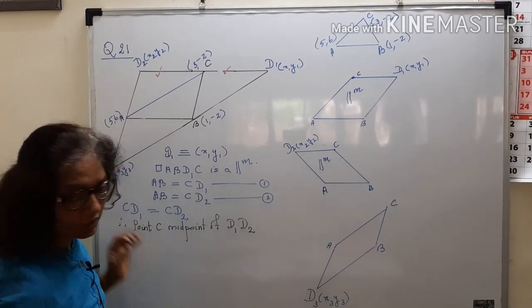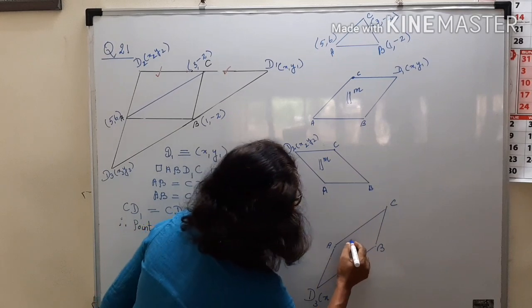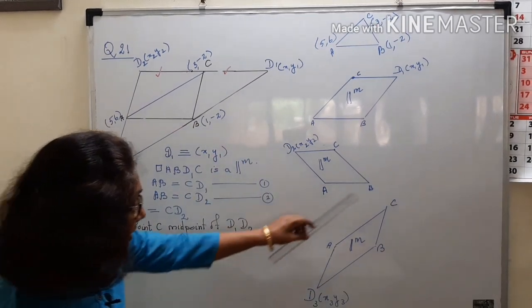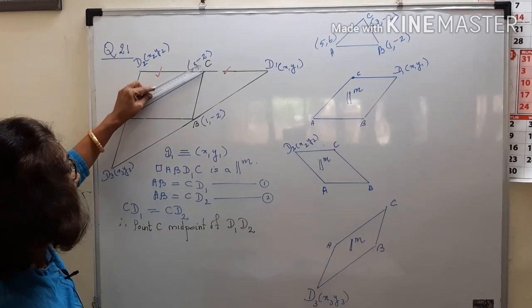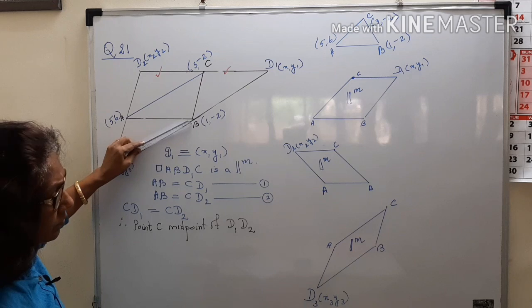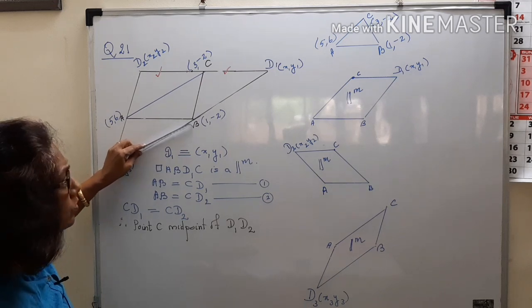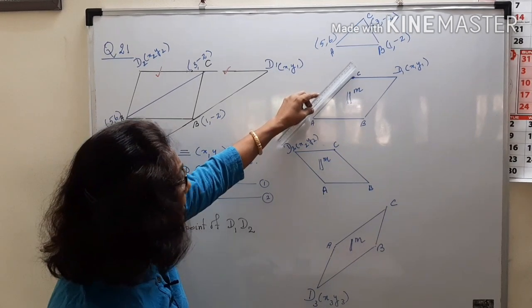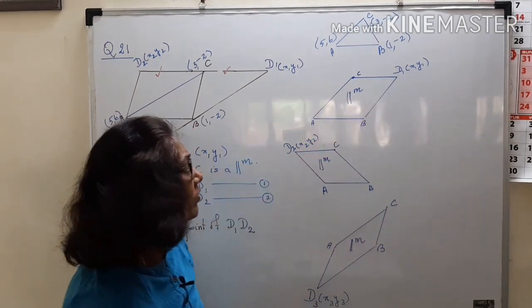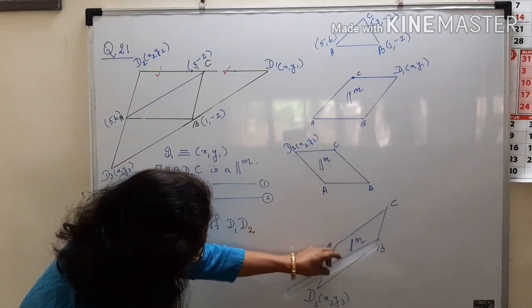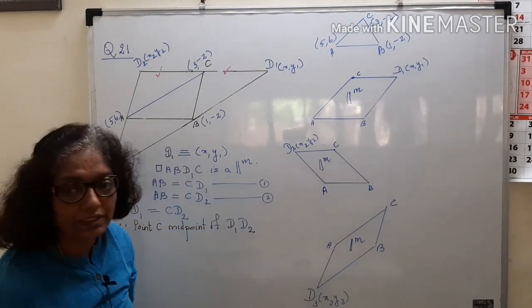Here again I can get a quadrilateral which is a parallelogram, and in this case AC is equal to what? DB. AC is equal to DB, and this AC is equal to BD1 from the first one. Here you get AC is equal to BD3.